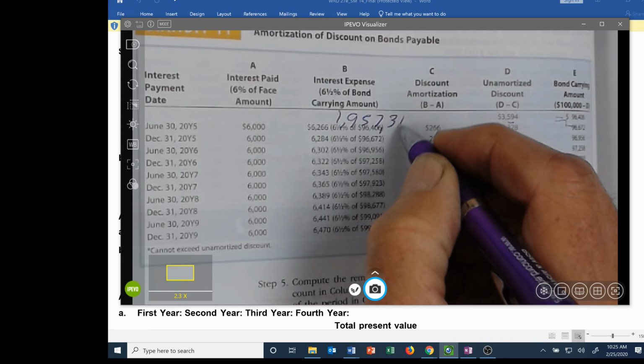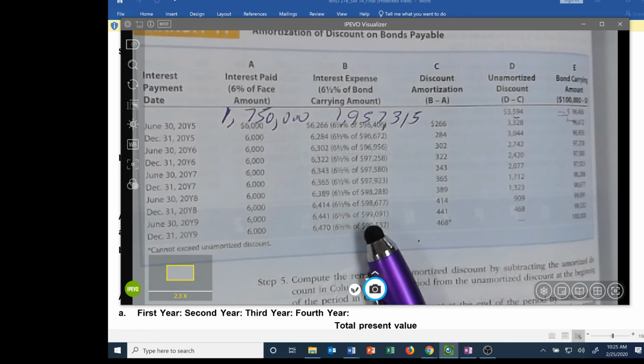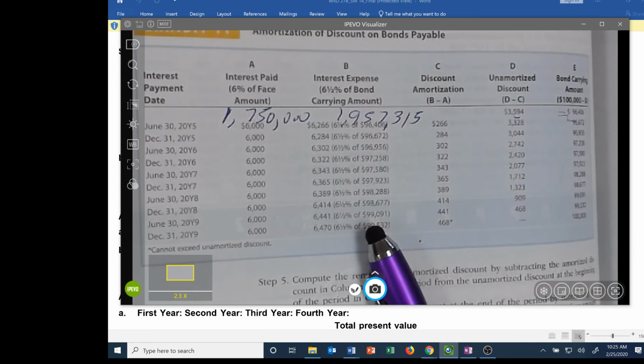And what was column A? 1,750,000. All right, so we've got column A and B. What does C say to do? All right, do what C says to do.